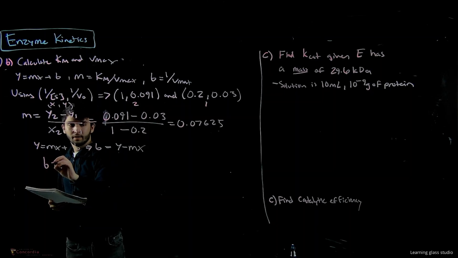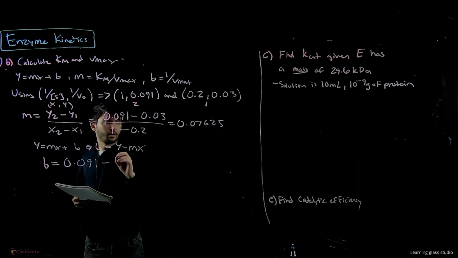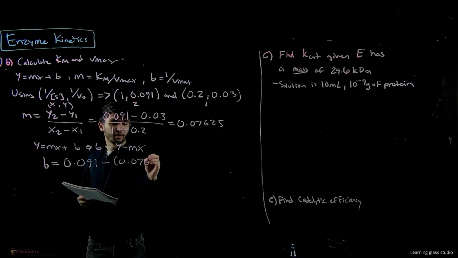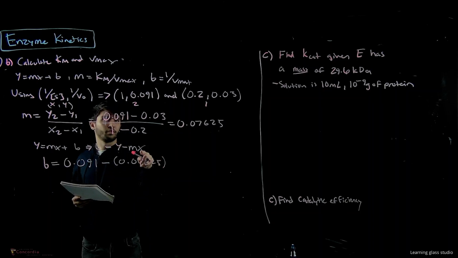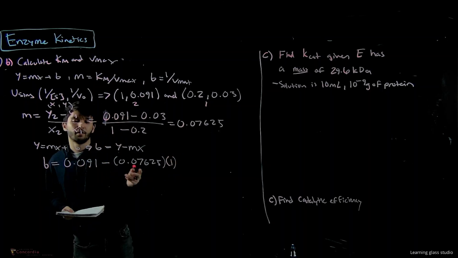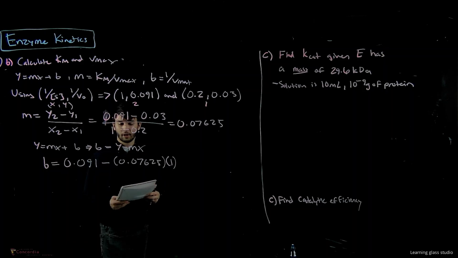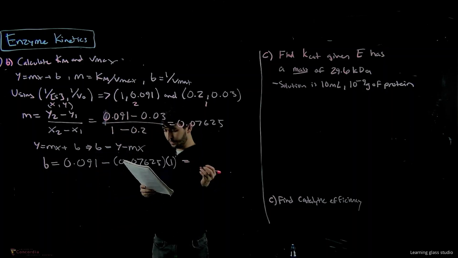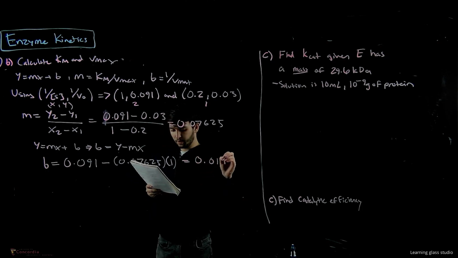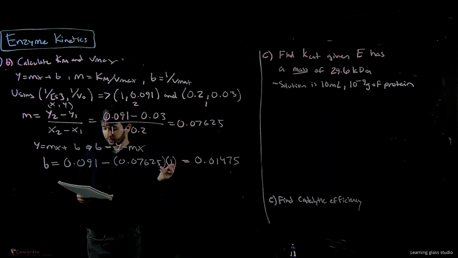So b is equal to our y value, 0.091, minus m, 0.07625, times our x value, which is 1. So we really just get 0.091 minus 0.07625, and with this, we get a value of b of 0.01475.